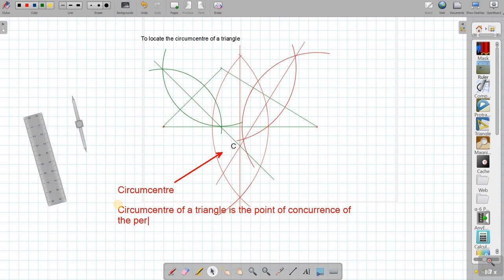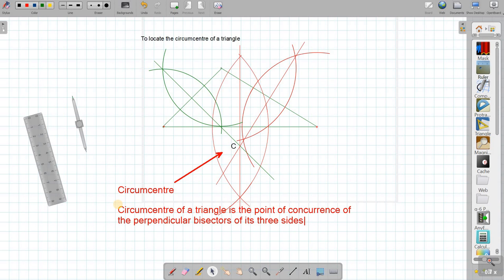The perpendicular bisectors of the three sides of its three sides.